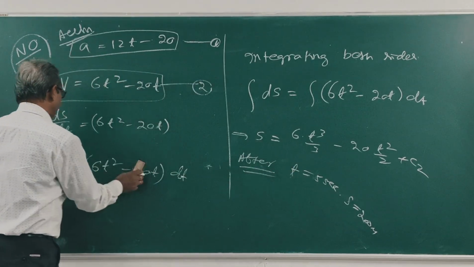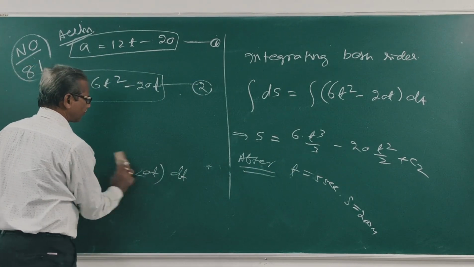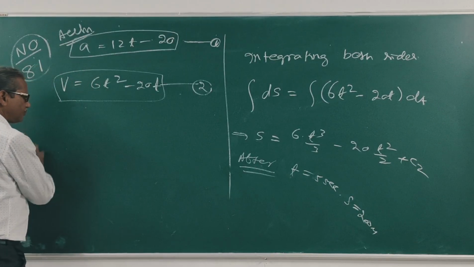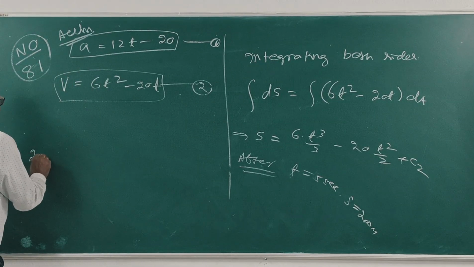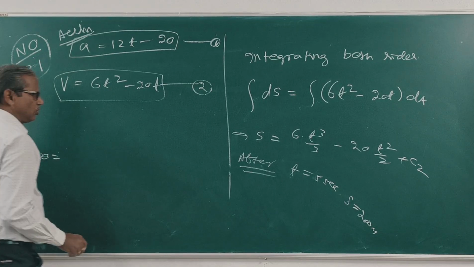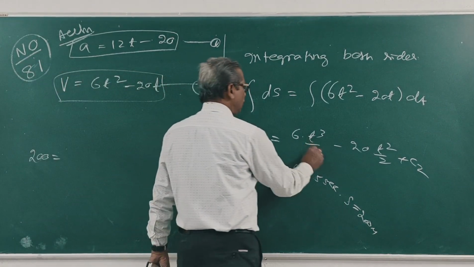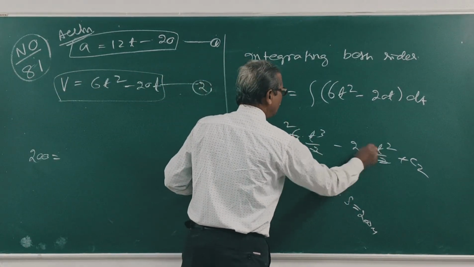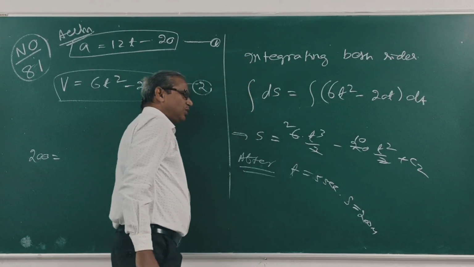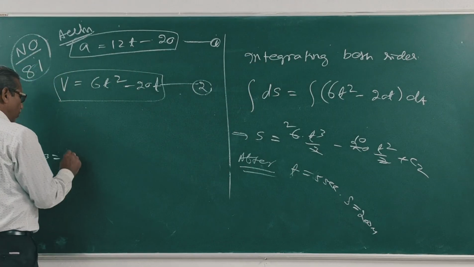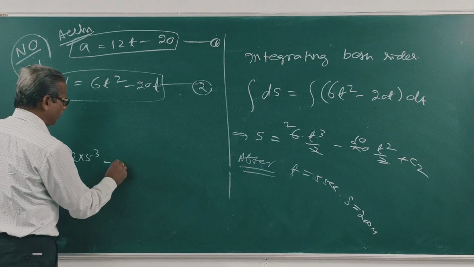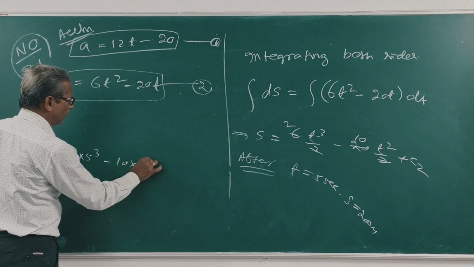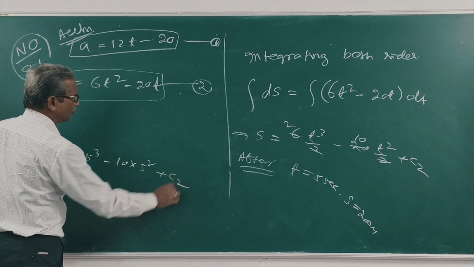Therefore, 200 is equal to 6 by 3 into 5 cube minus 20 by 2 into 5 square plus c2.